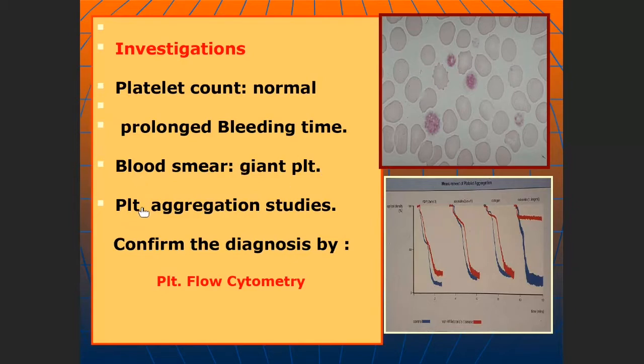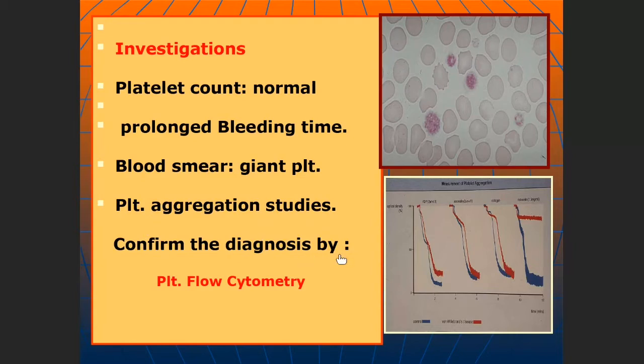We have to do platelet aggregation studies by aggregometer using different agonists or different reagents. Okay? Platelet function study by aggregometer using different reagents or agonists to study platelet adhesion and platelet aggregation.